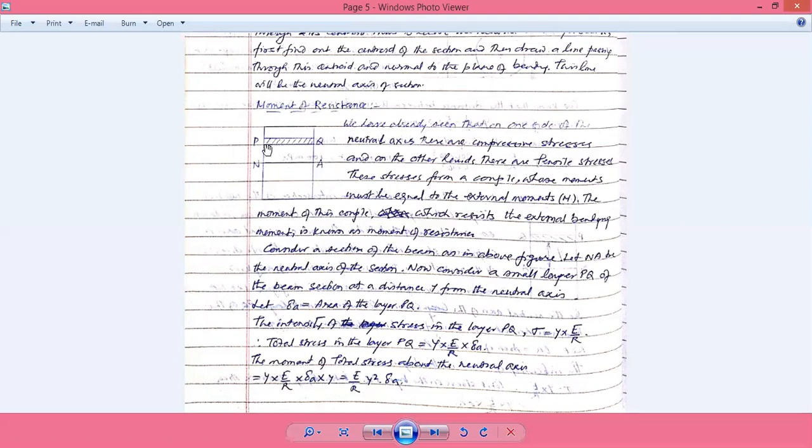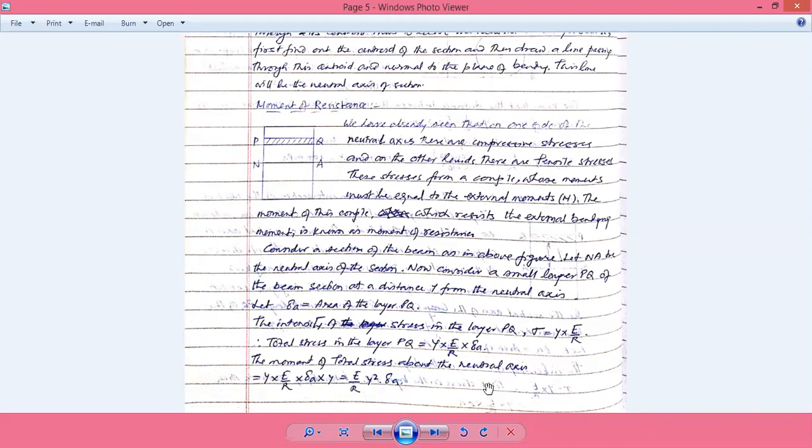Now let delta A be the area of this strip PQ. The intensity of stress on this area is sigma equal to y into E by R. So the total load on the area PQ is y into E by R into delta A, that is, stress multiplied by the area over which the stress acts.